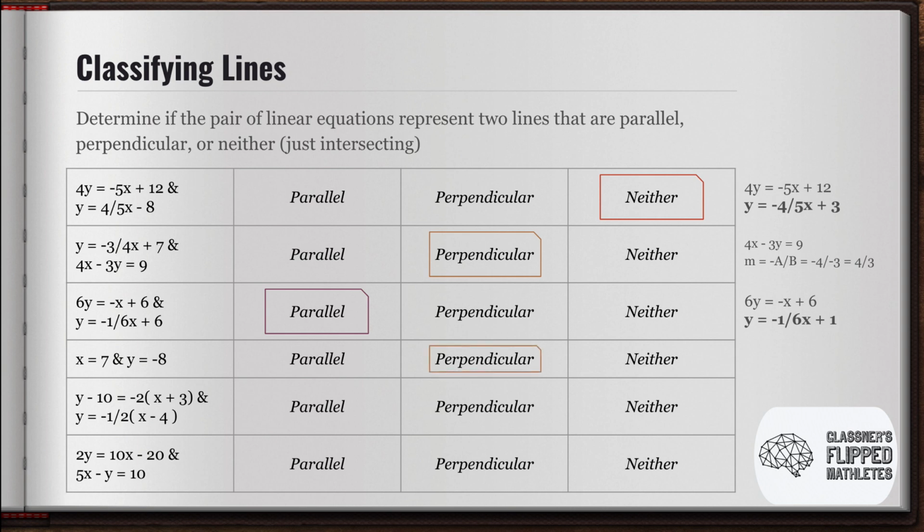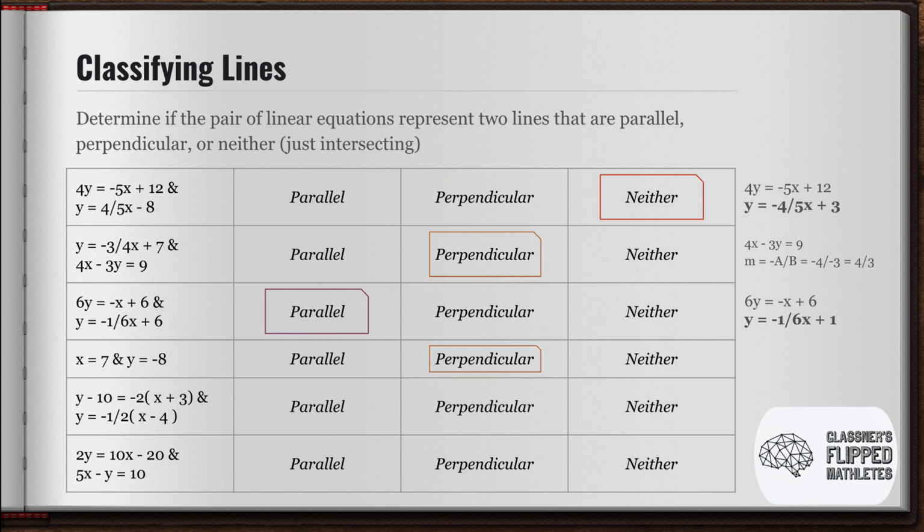For y minus 10 equals negative 2 times x plus 3, and y equals negative 1/2 times x minus 4, you'll notice that the first one's in point slope, but the second one is almost in y equals mx plus b form. If you were to distribute that negative 1/2, you get y equals negative 1/2 x plus 2.